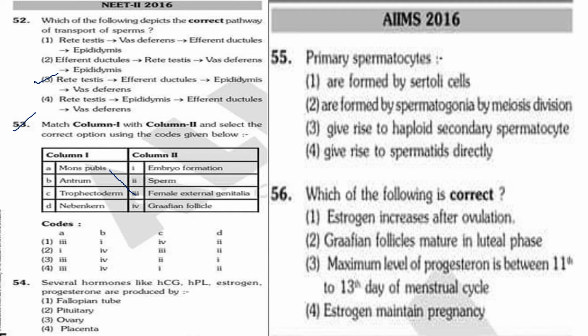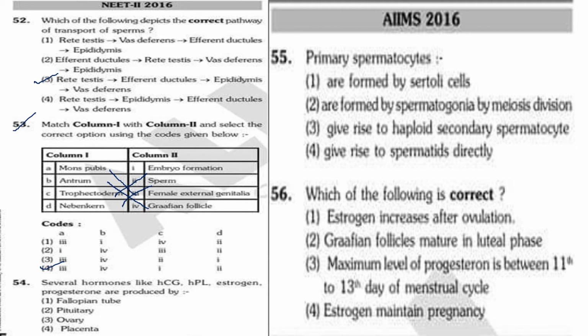Antrum is the one which is being formed in the Graafian follicle or in the mature follicle. Okay, and after that, trophoectoderm is being formed in the embryo formation. Nebenkern is the part of the sperm. Okay, so the correctly labeled one is the fourth option.